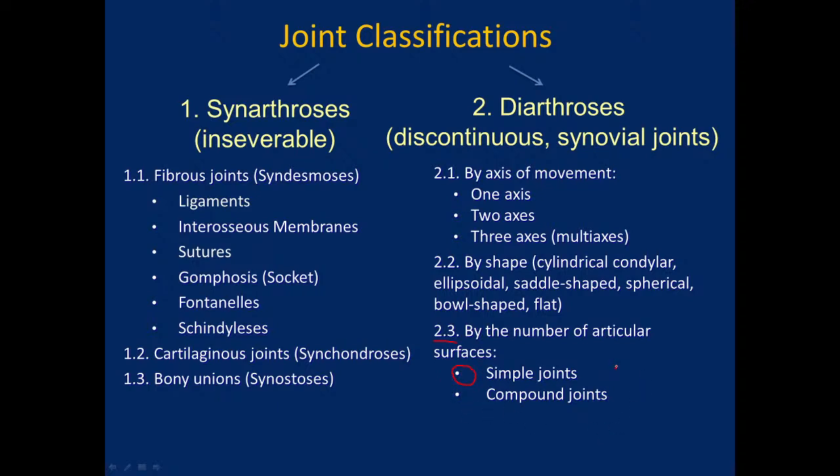It means that there are only two articular surfaces in the joint. But sometimes we see three or more articular surfaces, and such joints we call compound joints.